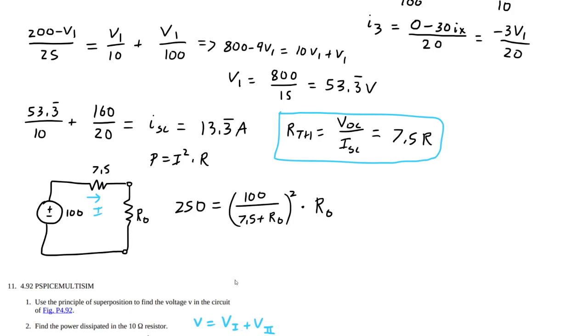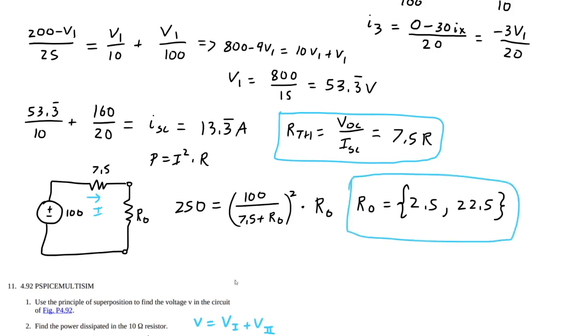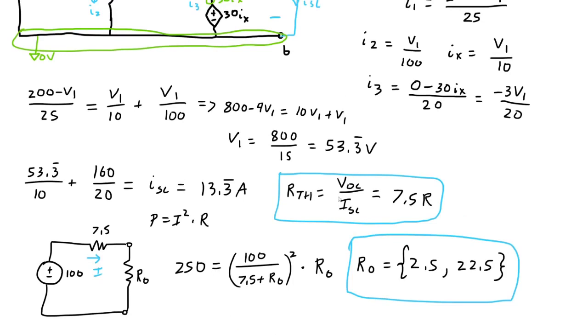Okay, so the valid values for RO can be either 2.5 ohms or 22.5 ohms. That's how we can get 250 watts of power being dissipated by that RO resistor. And all it took was just doing the Thevenin equivalent circuit.